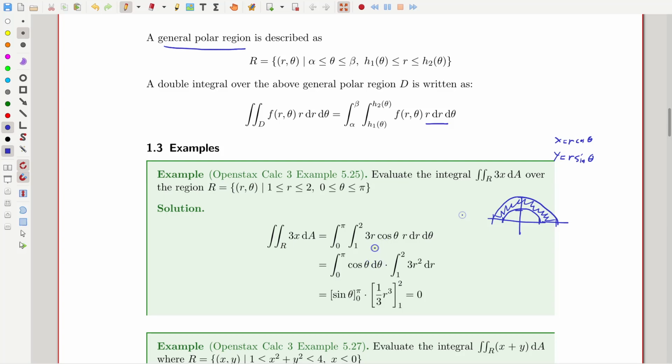But so I split this. The only factor that involves theta is just this cosine of theta, which gives me this integral. I have to be sure to copy the bounds correctly for the integral. So the theta integral is the outer integral, and so we copy the bounds on the outer integral. The factors that involve r are going to be the three. I decided to copy the 3 over.